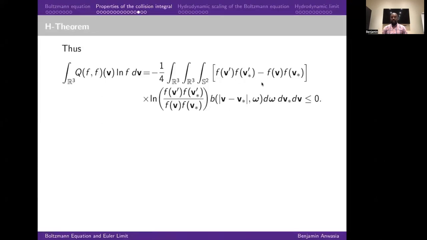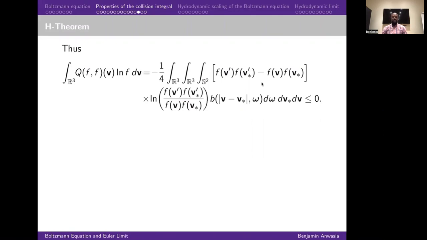In particular, the collision kernel is strictly positive, so the integrand in this integral is greater than or equal to 0, sorry. Therefore, because of the negative sign in front of the integral, the entire integral is less than or equal to 0. This concludes the first part of the H theorem.